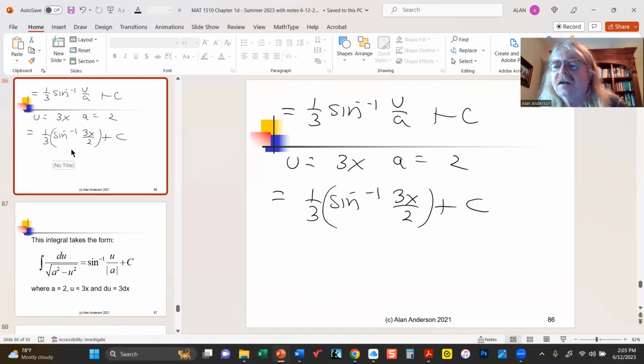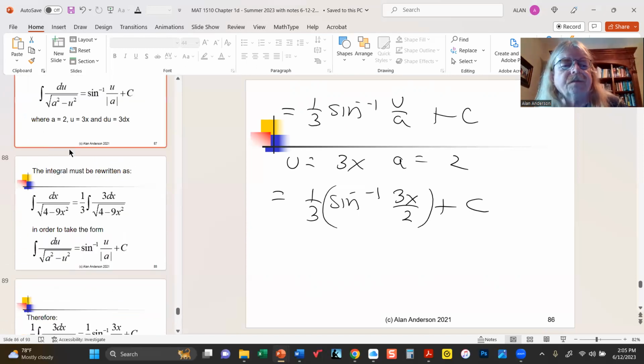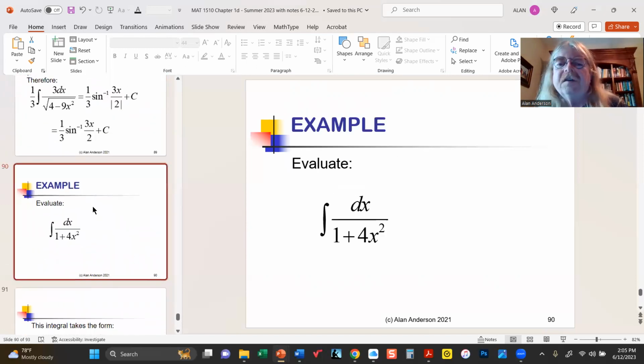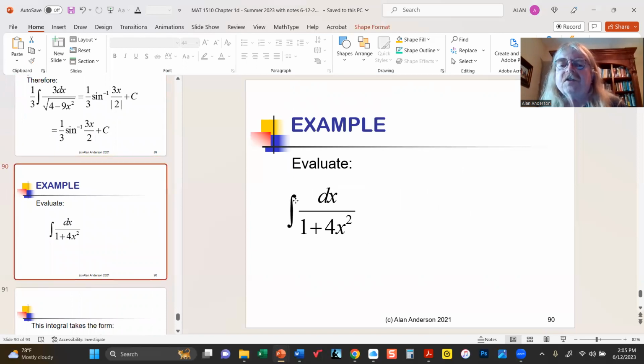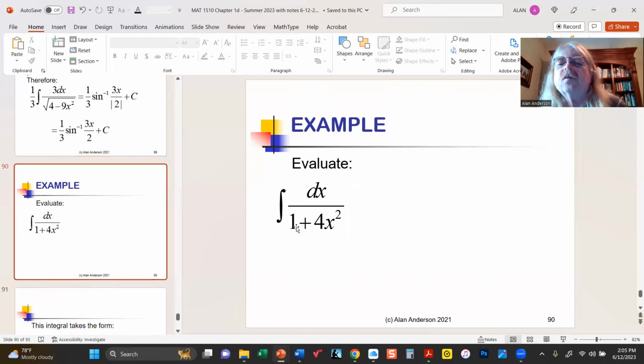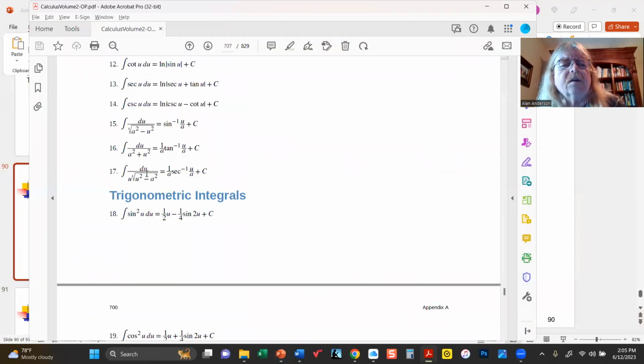So what comes next? All right, let's see this next one. If you notice this one, it looks superficially similar to the ones we just did, but instead of a squared minus u squared, we have something different, and there's no square root here either. What's going on with that one? Is that one of ours?